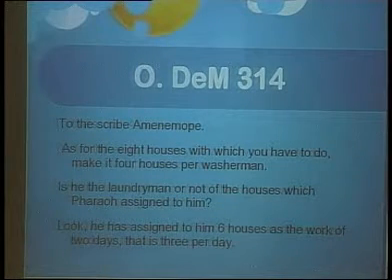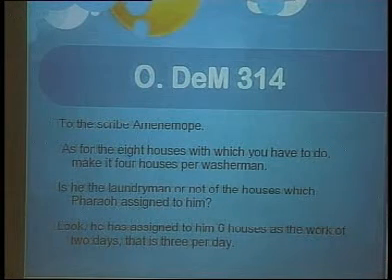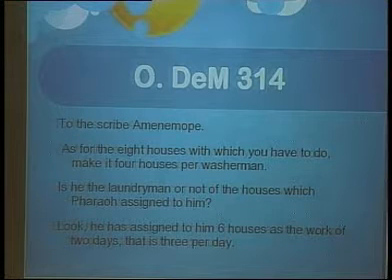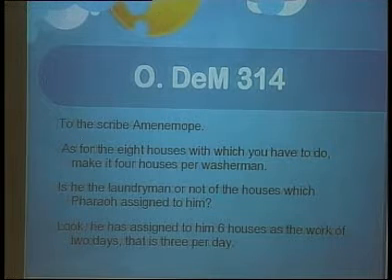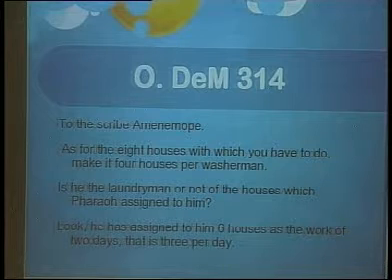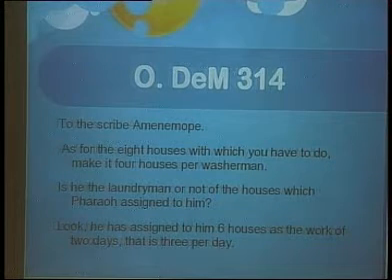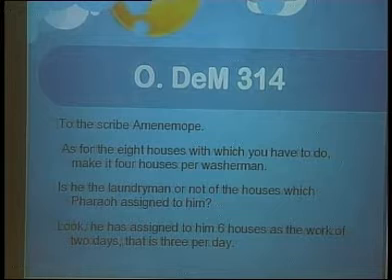The last text that I'm going to show you from Medina again is important because it's indicating to us the sort of rights that these laundrymen had. So I've mentioned that the washing sometimes was actually delivered to them and not collected.